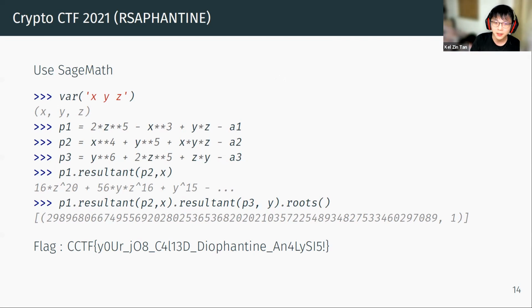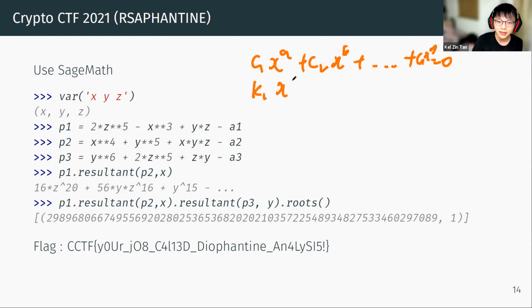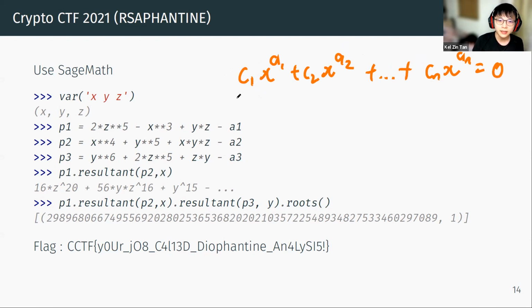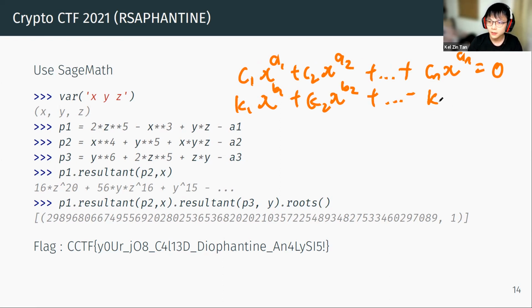But if you're interested in the internal implementation, let's say I have an equation like c1 x^a1 plus c2 x^a2 and so on until cn x^an equals 0, and then we have k1 x^b1, k2 x^b2 and so on until kn x^bn.